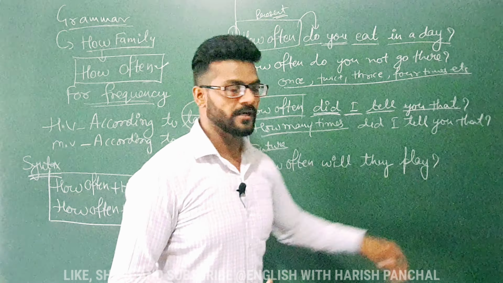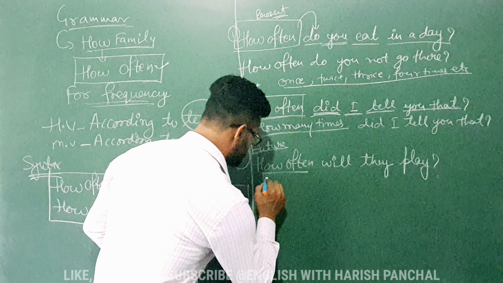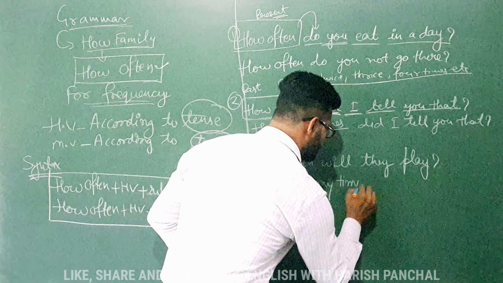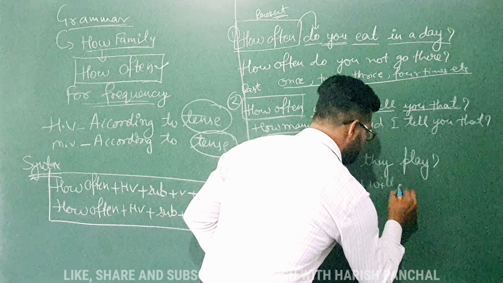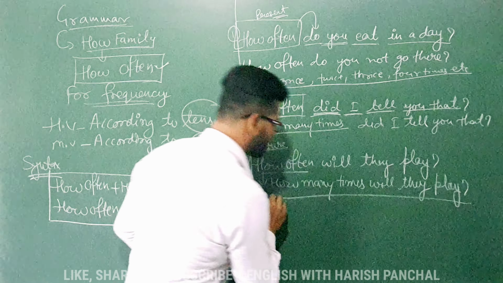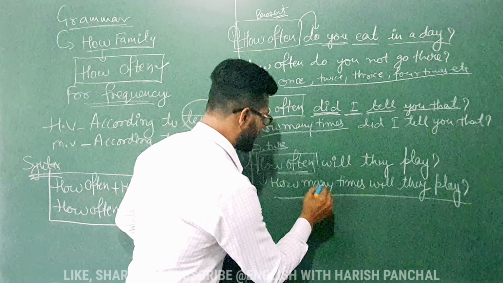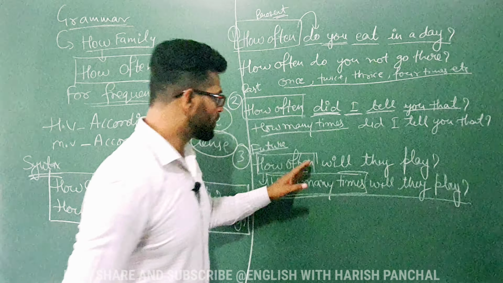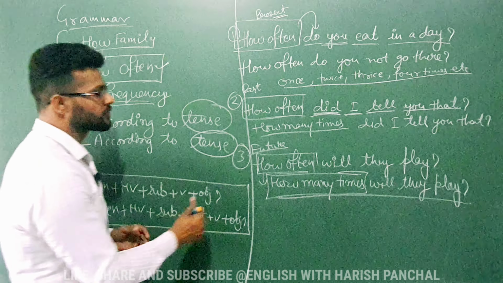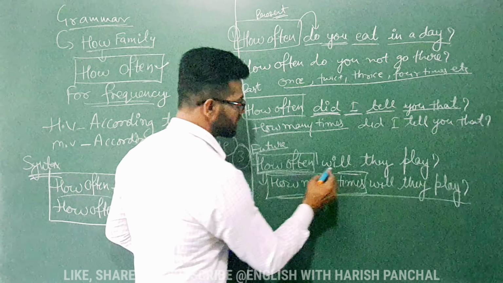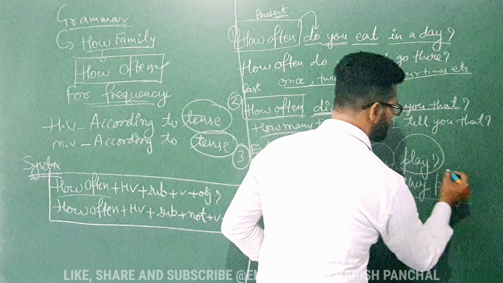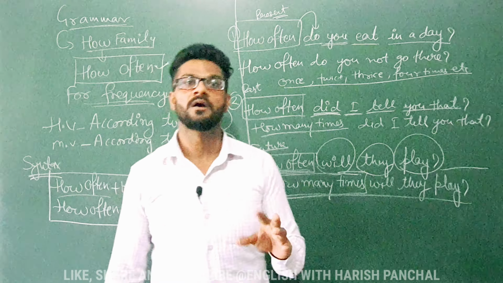How often will they play, and how often is similar to how many times will they play. So how often and how many times are the same, but when you make sentences with how often, first of all you use how often. After that you use the helping verb, then your subject, then a verb and then the object, and at the end a question mark.